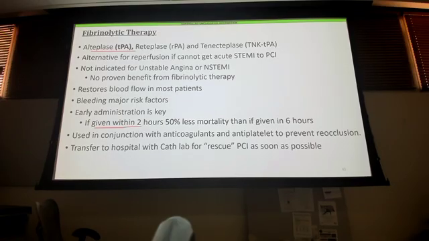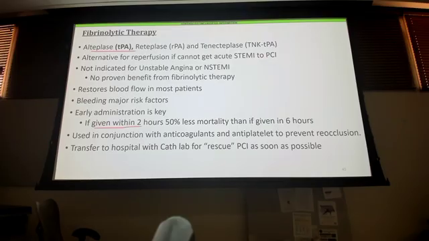Now, by giving them fibrinolytic therapy, you've taken care of the immediate acute problem, right? That clot that formed, but what is still present? That plaque rupture, right? So once that TPA gets out of their system, they're at a high chance of having a clot reform, right? So you can't just be like, oh, I can't do PCI at my facility, let me give them fibrinolytic therapy and I'm done, right?